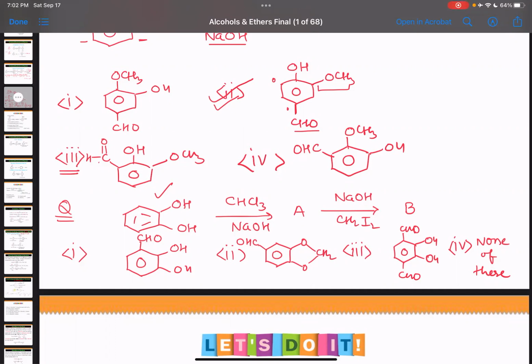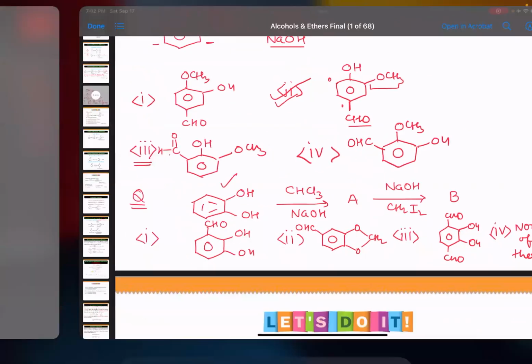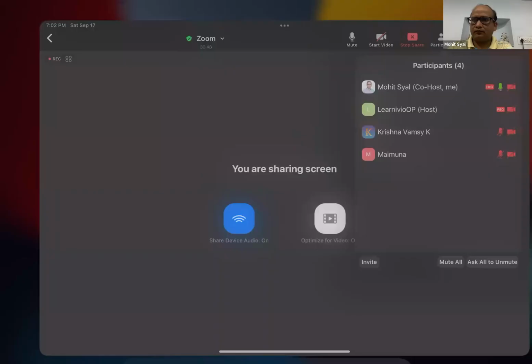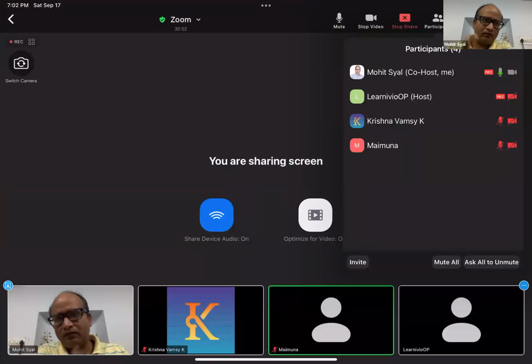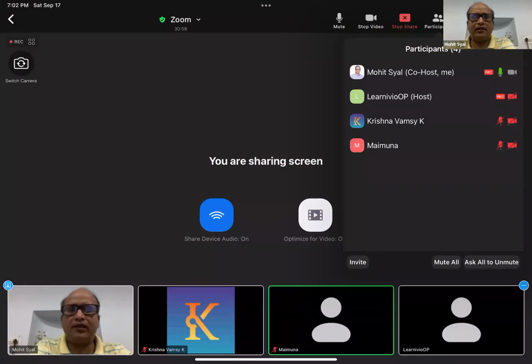What's the answer? You can use the same trick which I told you. First of all, if any one of the ortho positions is occupied, you need to connect the CHO group at the para position, right?